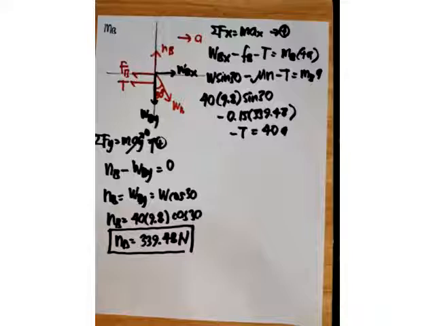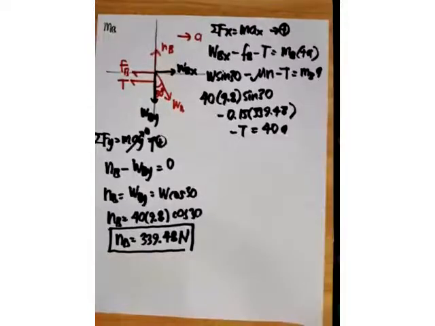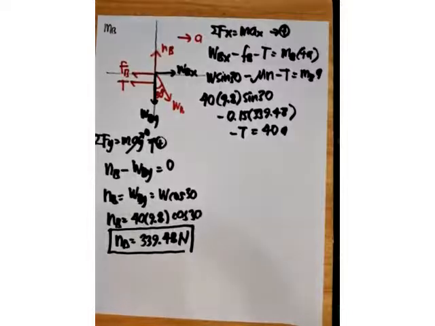But negative yung sagot ko. Class, how about you? Pero naman silang 40, diba? 40 times 9.8 times sine 30. Hindi, i-clear ko nga yung calcu ko.